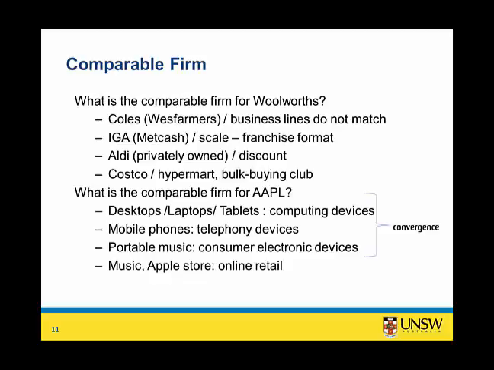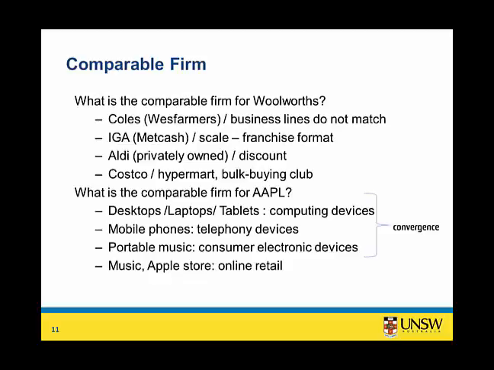So it's quite difficult to compare Wesfarmers with Woolworths. How do I know what's included in Wesfarmers, or that Coles is purchased by Wesfarmers? Well, I used Yahoo Finance, and I just looked for more information about Coles.